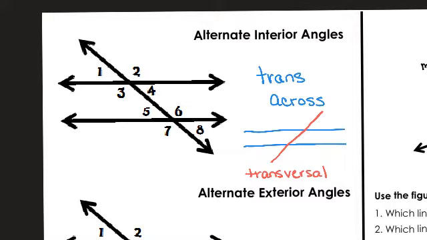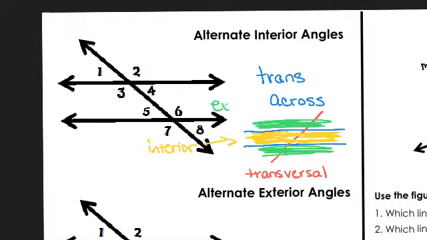One, we can see that there's going to be an interior section and an exterior section. Things on the inside between the two parallel lines and things on the outside of the parallel lines. Interior, inside, and exterior, outside.